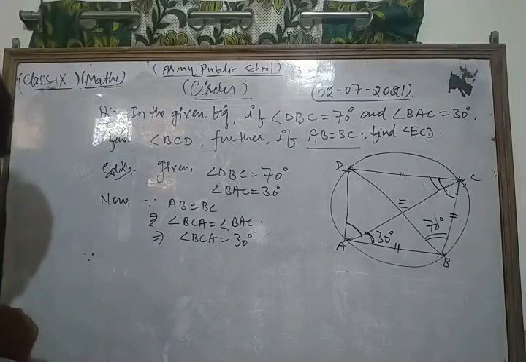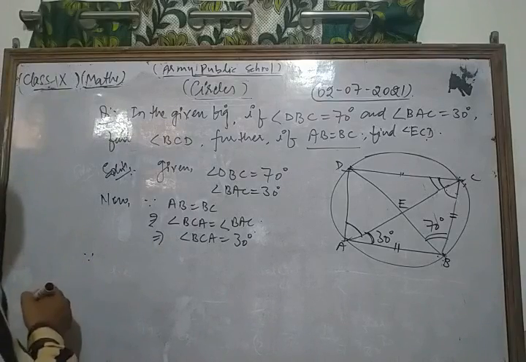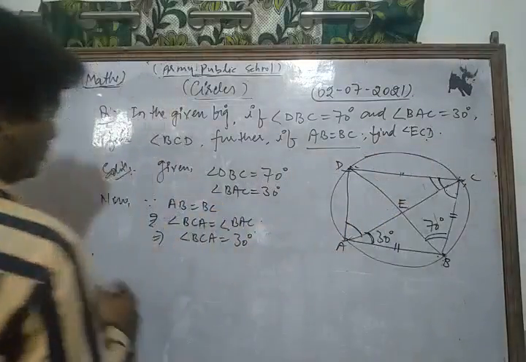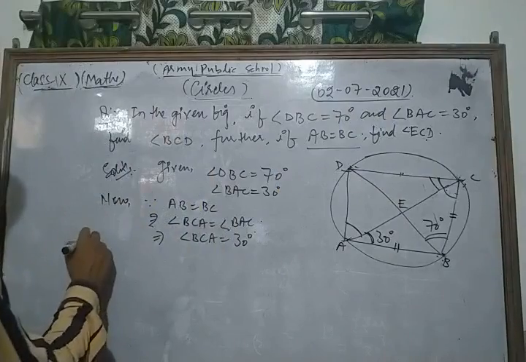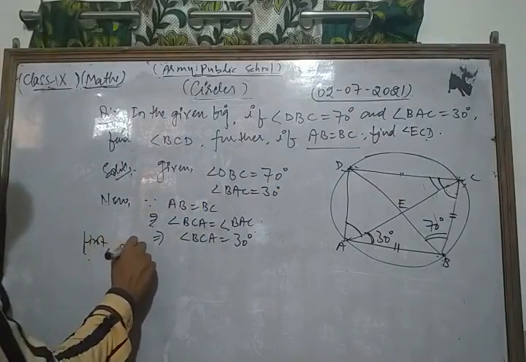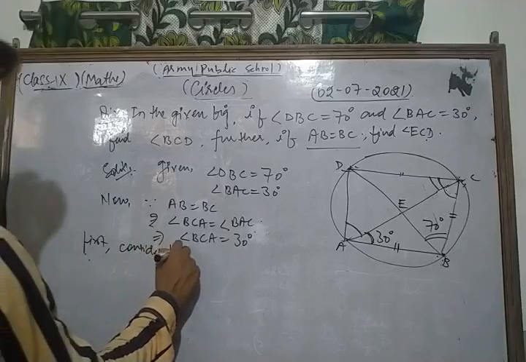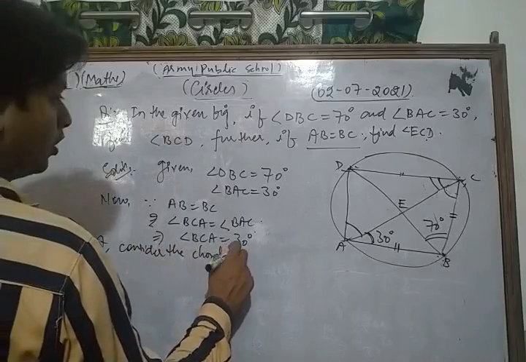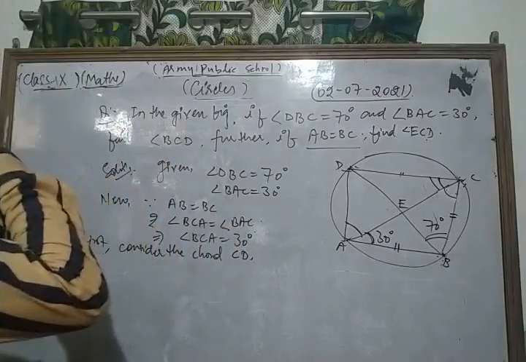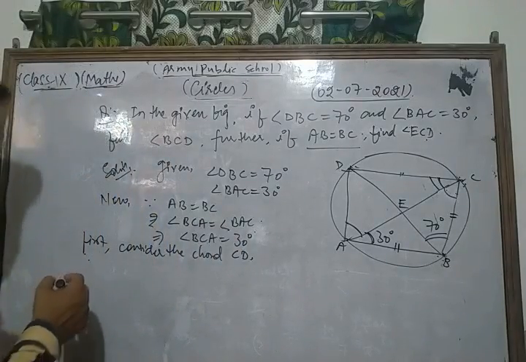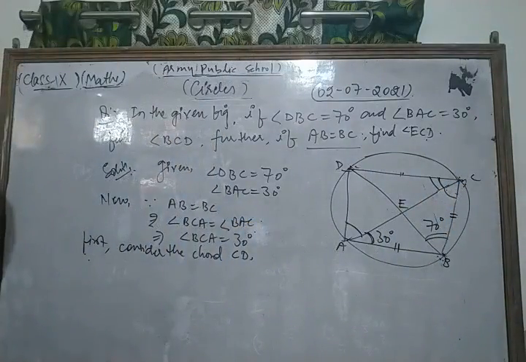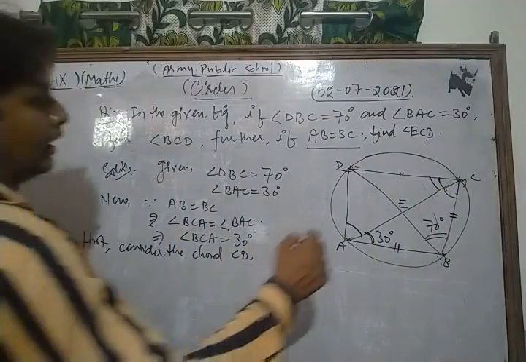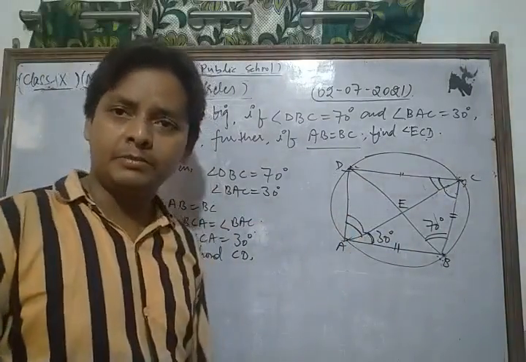Now dear friends, consider the chord CD. First of all we find that angle. Consider the chord CD. Then angle CBD and angle CAD are angles in the same segment.